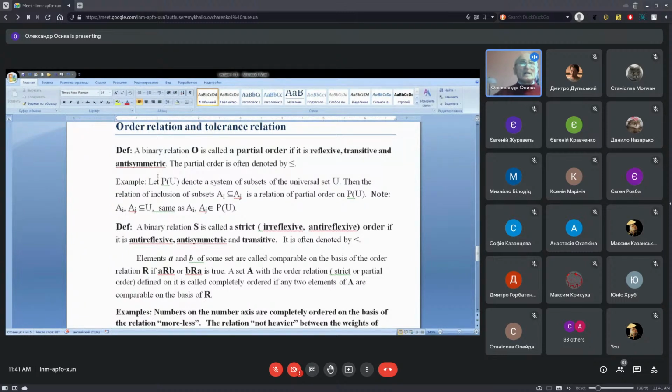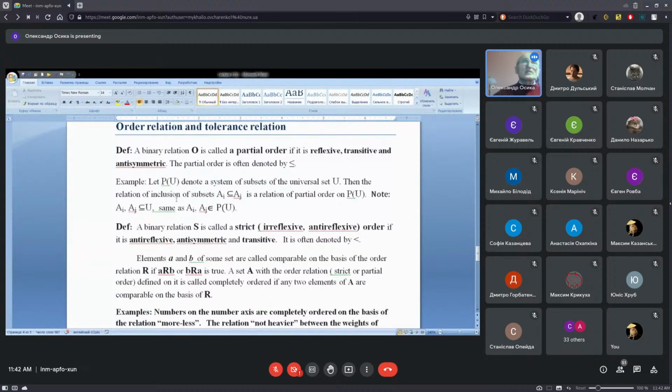Example, let P of U denote a system of subsets of the universal set U. Here, all subsets of the universal set, the system or set of all subsets.